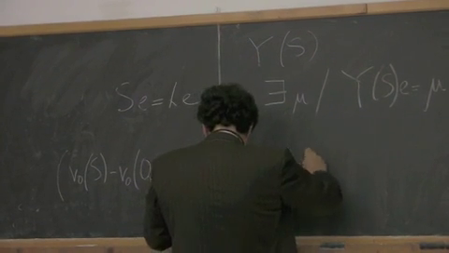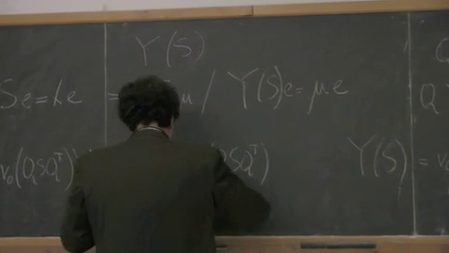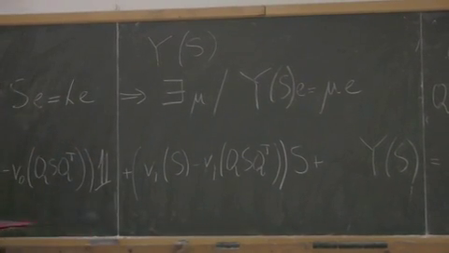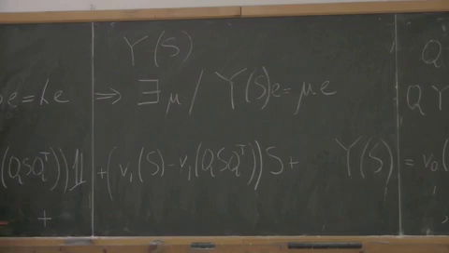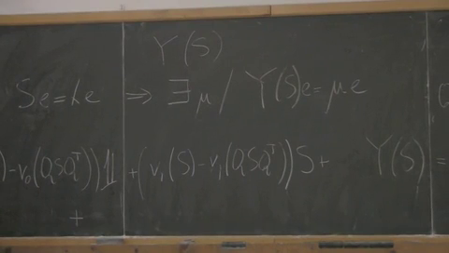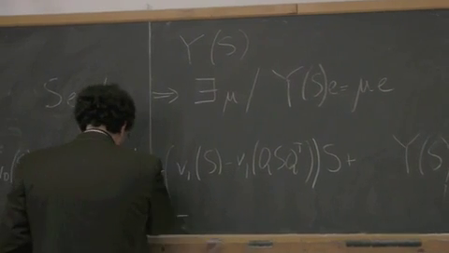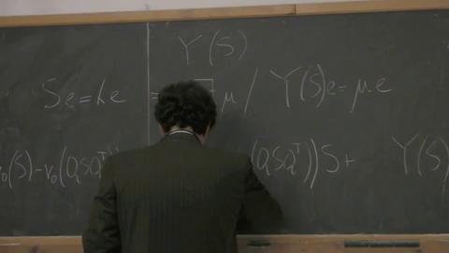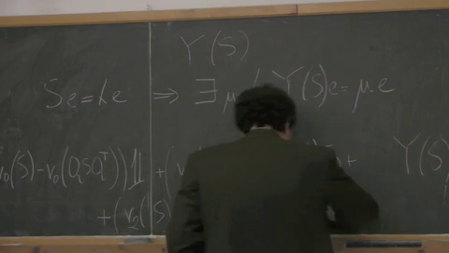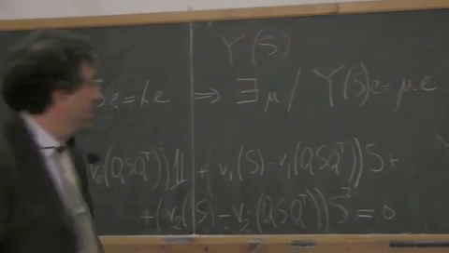V1 of S minus V1 of QSQ transposed S, okay, plus V2 of S minus V2 of QSQ transposed S squared equal 0. So it is clear what we are doing.